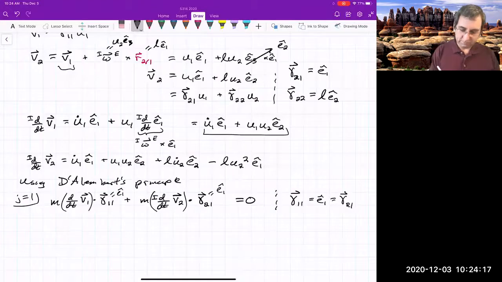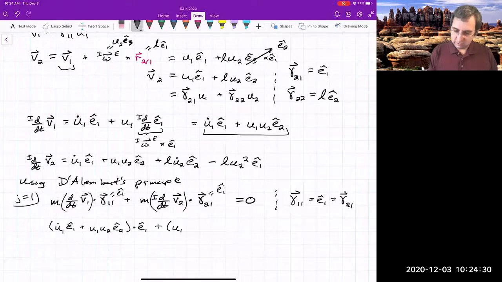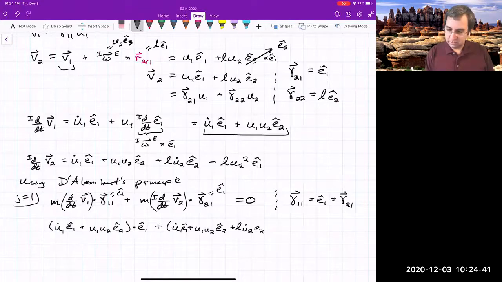So what we'll get, right, let's see, U1 dot E1 plus U1 U2 E2 dotted with E1 plus U1 dot E1 plus U1 U2 E2 plus L U2 dot E2 minus L U2 squared E1 dotted with E1 equals 0.